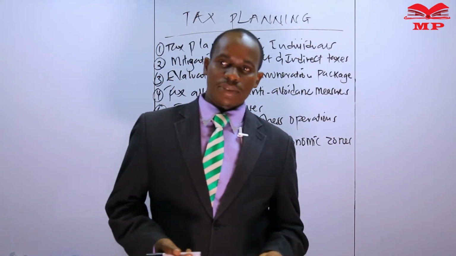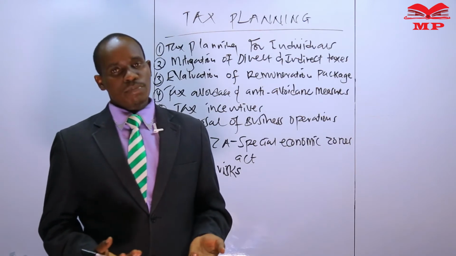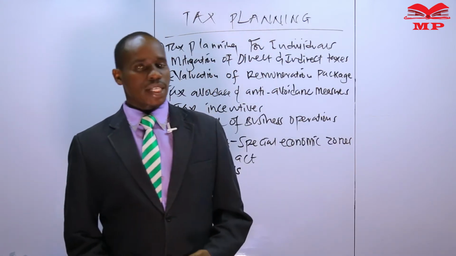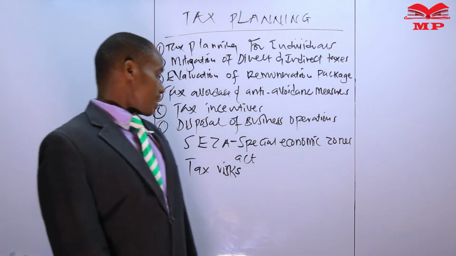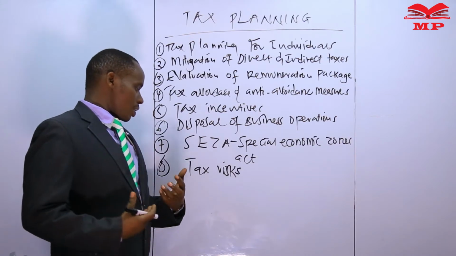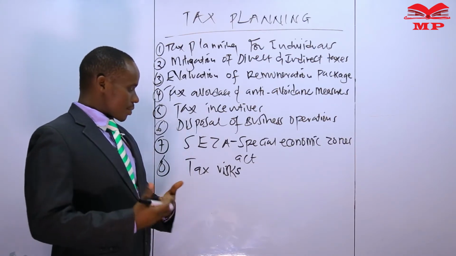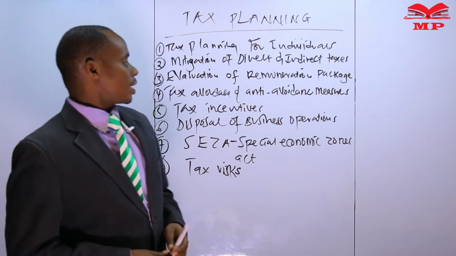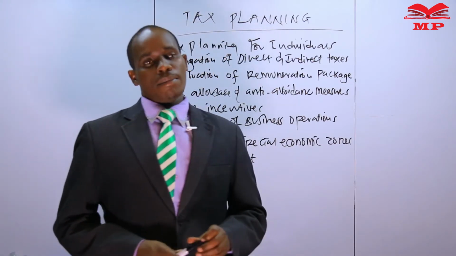They comply through paying tax, and also through filing of tax returns and such. Therefore, through tax risks, we will see what are these risks, what can arise in the process of dealing with tax matters.